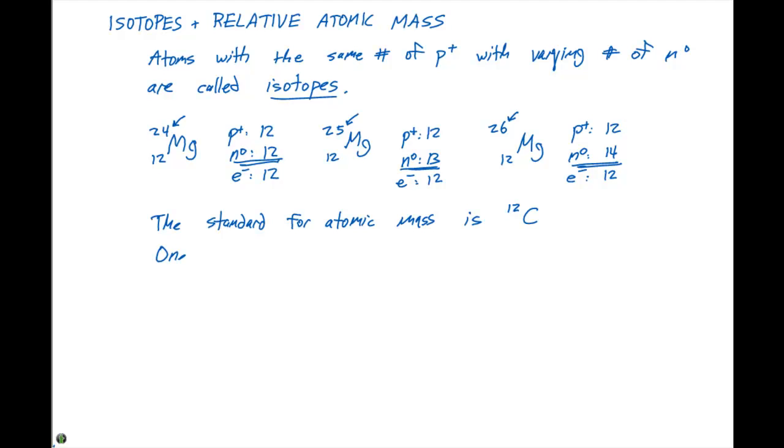One carbon 12 atom is 12.000 atomic mass units, or AMU.